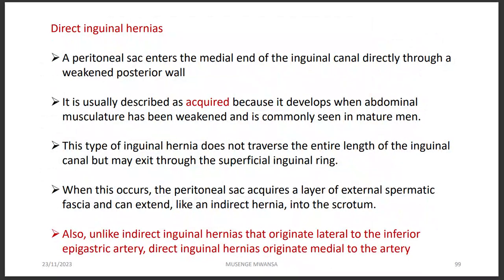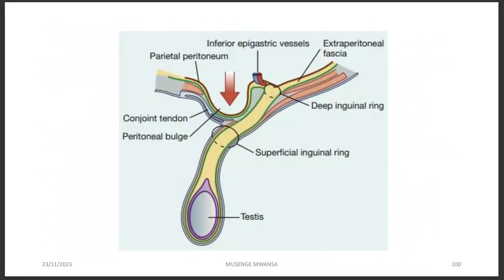Indirect is lateral. This one is going to be medial. The indirect, we said, passes lateral, and lateral was this side. Here are the epigastric vessels, it passed this side. But the direct one will pass medially.